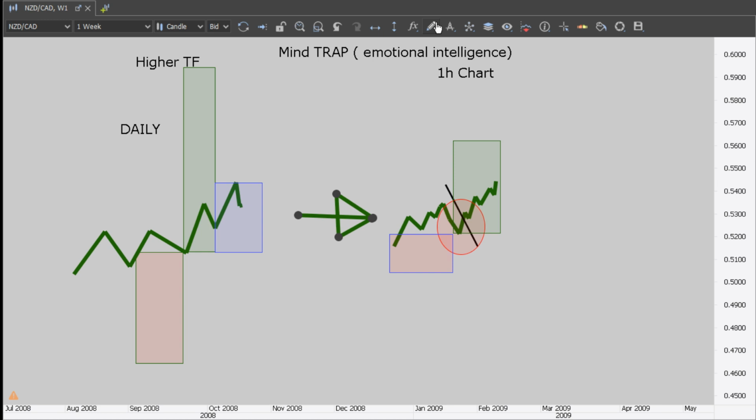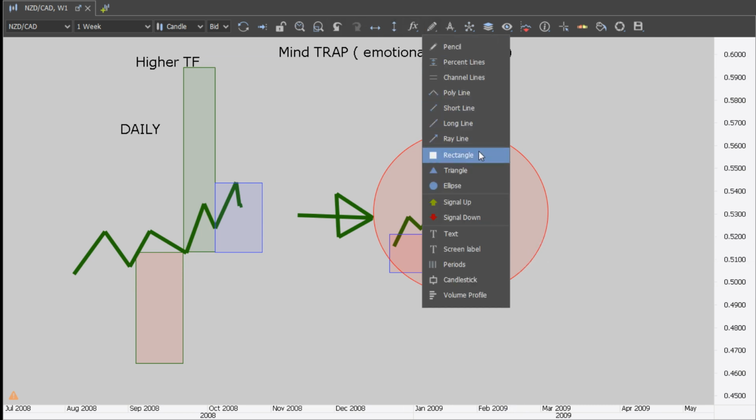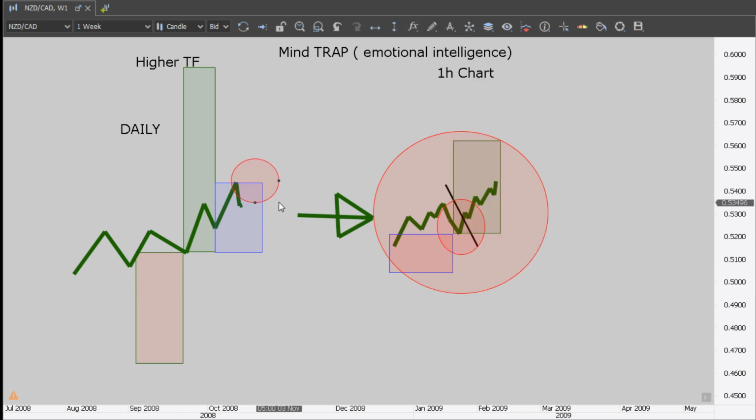All what you see on the 1 hour chart, this circle is going to be this circle. This circle in here on the 1 hour chart, you entered a great trade, yes you did. With the great stop loss, yes you did. Great take profit, yes you did.